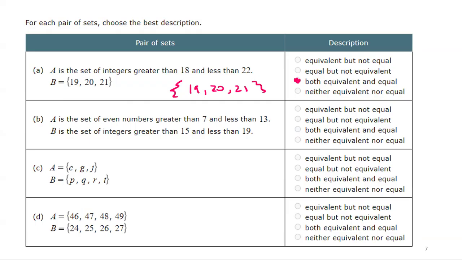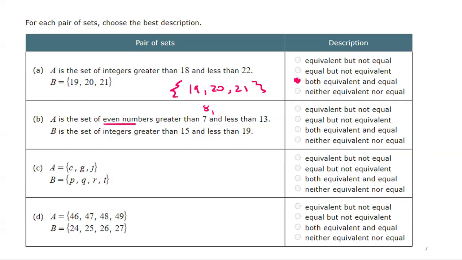Okay. All right. Part B. A is a set of even numbers greater than 7 and less than 13. So greater than 7, so that would be 8, 9, 10, 11. I'm sorry, even numbers.